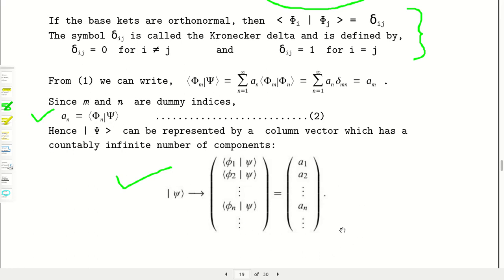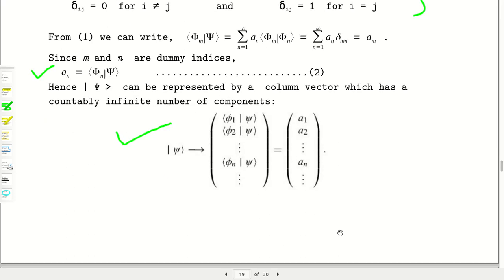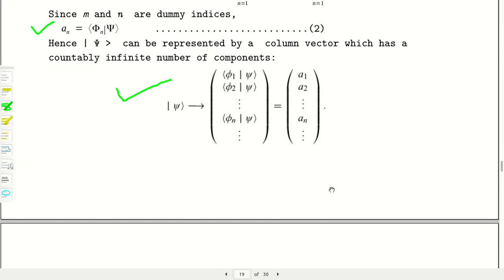Okay, this matrix representation should be remembered. If one wishes to write the bra psi, then the column vector will be replaced by a row matrix, with each element replaced by its complex conjugate.